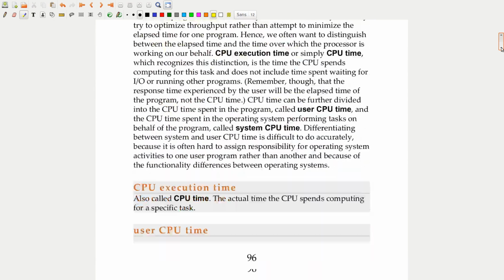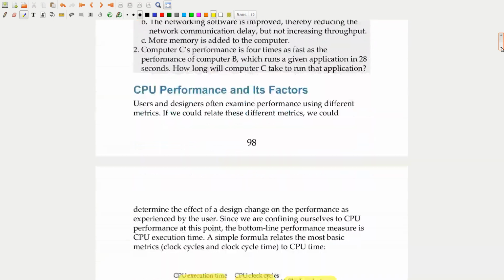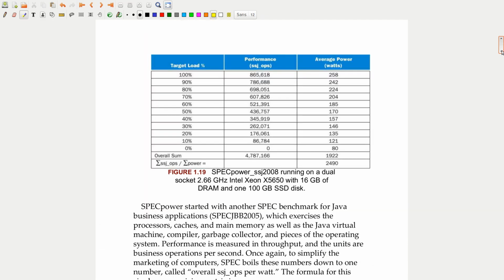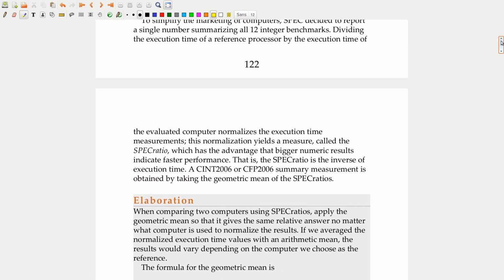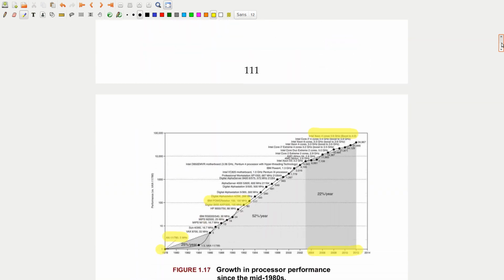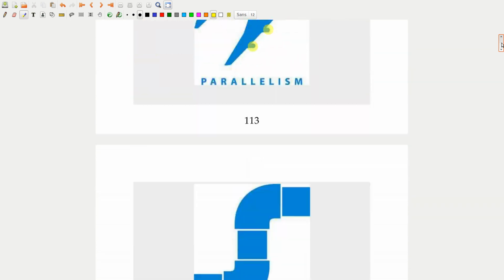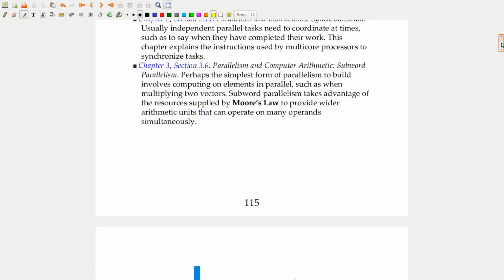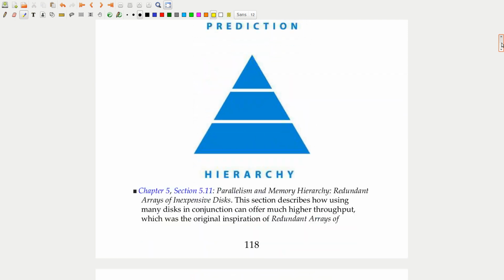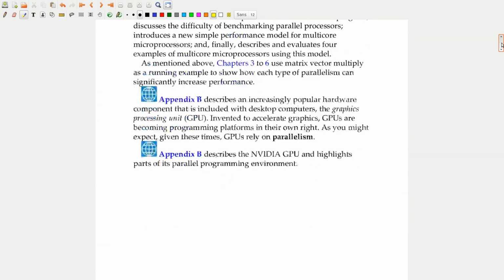They use it in everything that they publish, whether it's a paper or whether it's these books. So where's the actual section heading? This is fallacies and pitfalls.